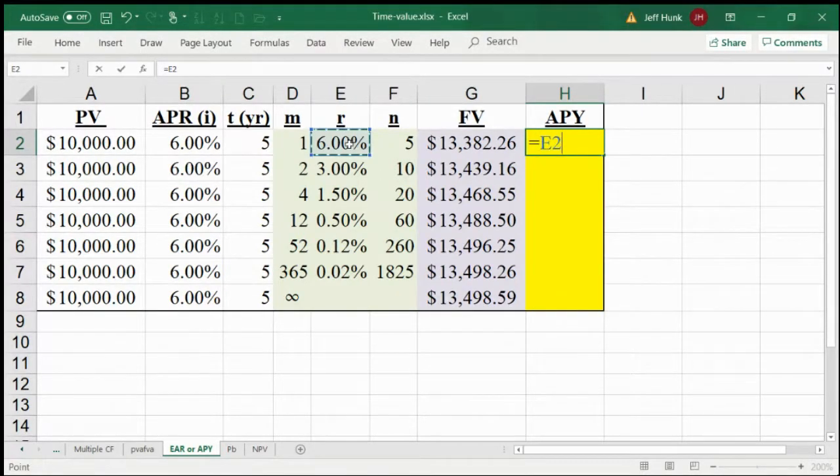This is already the periodic rate, 1 plus APR over M, right? So all you need to do is just recycle that result and raise it to M. You see what I'm talking about?